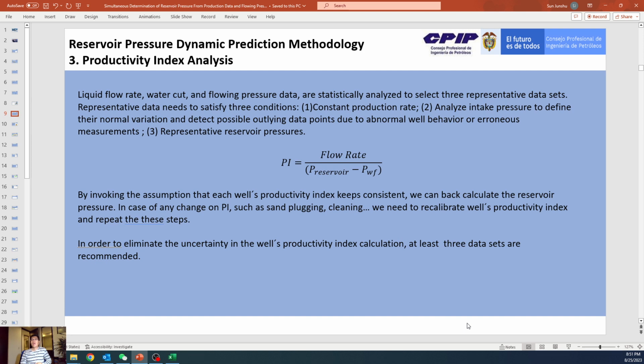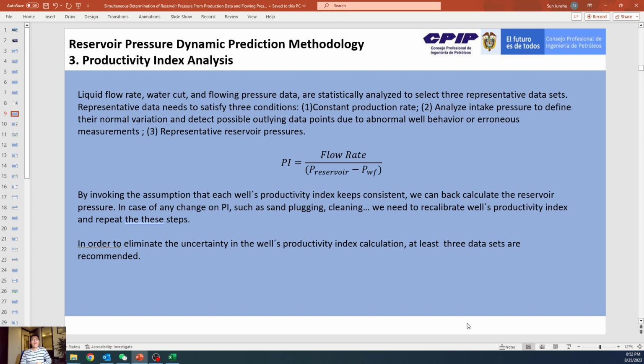Second, analyze intake pressure to define their normal variation and detect possible outlying data points due to abnormal well behavior or erroneous measurements. This data we should delete.